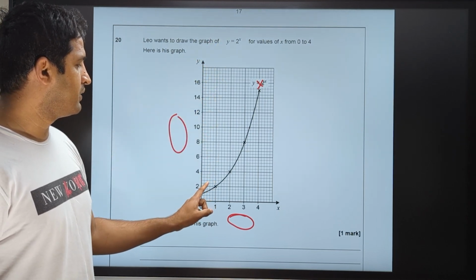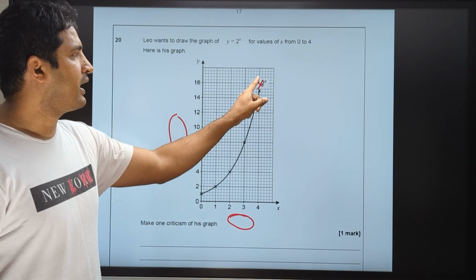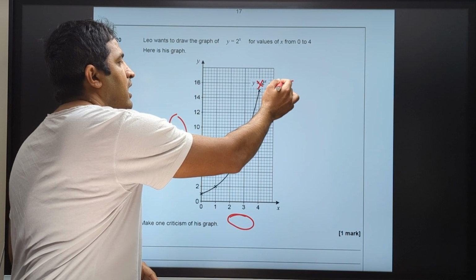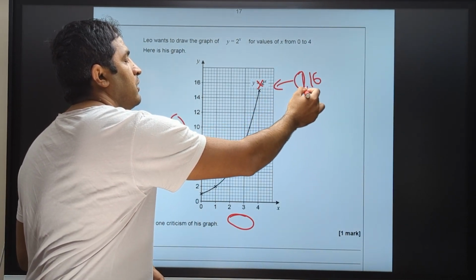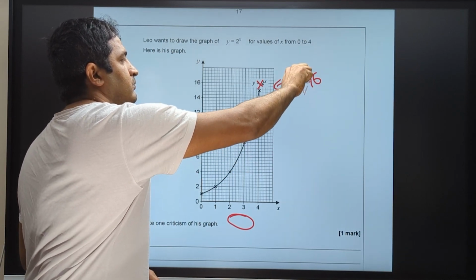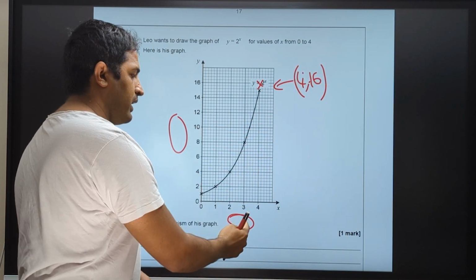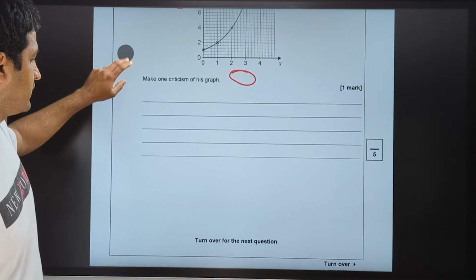So 2 to the power 0 is 1, 2 to the power 1 is 2, then 4, 8, and that should be 16, but it's 15. So they found the mistake there. When x is 4, y should have been 16. So that's the problem with that graph.